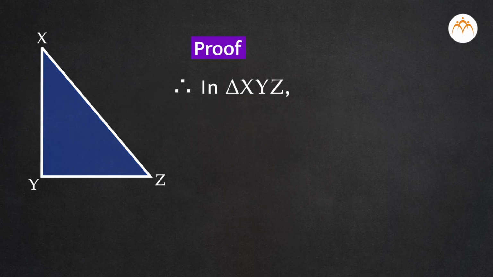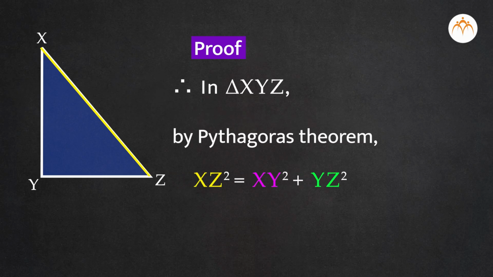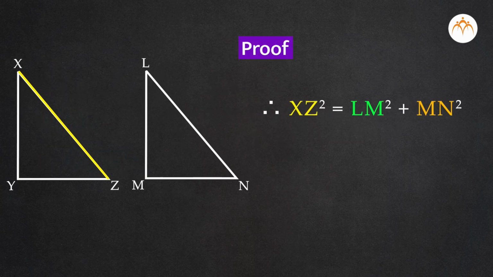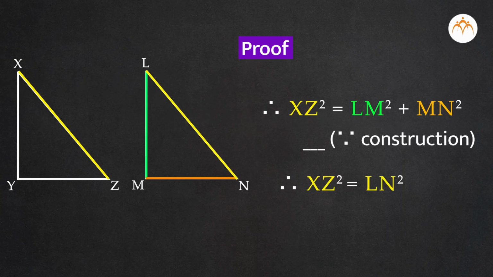In triangle XYZ, by Pythagoras theorem, XZ square is equal to XY square plus YZ square. Therefore, XZ square is equal to LM square plus MN square because of the construction. Therefore, XZ square is equal to LN square because it's given.